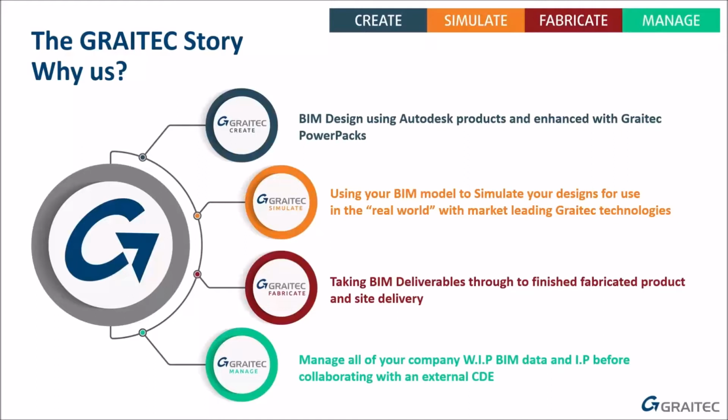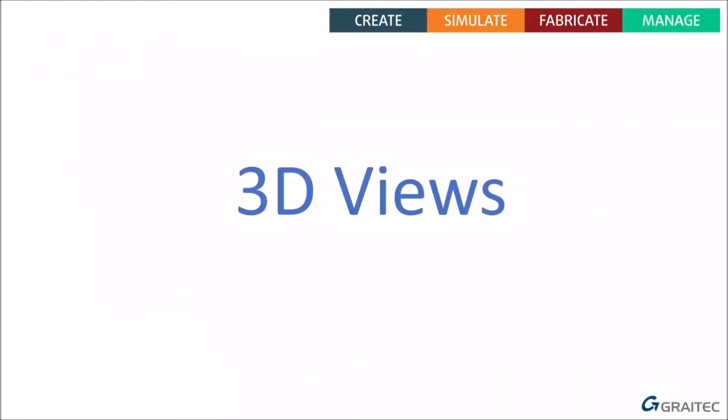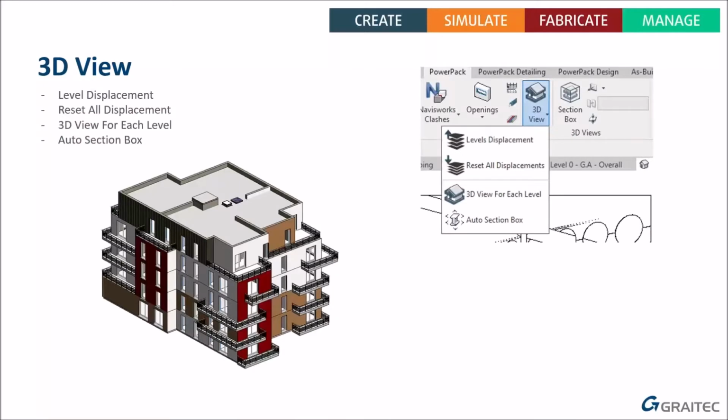Okay, so let's have a look at the 3D view tools that we actually have in the PowerPack. There are quite a few for generating 3D information very quickly and efficiently. Within the PowerPack there are a couple of sections. The main one is the 3D views.